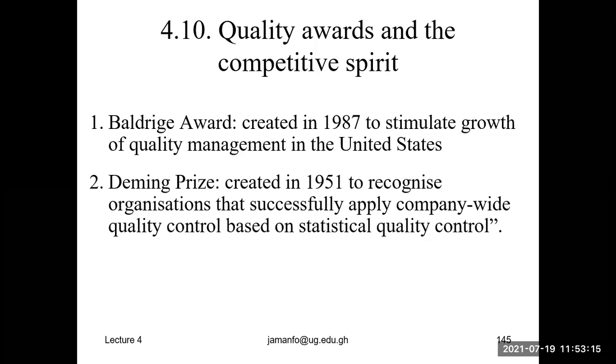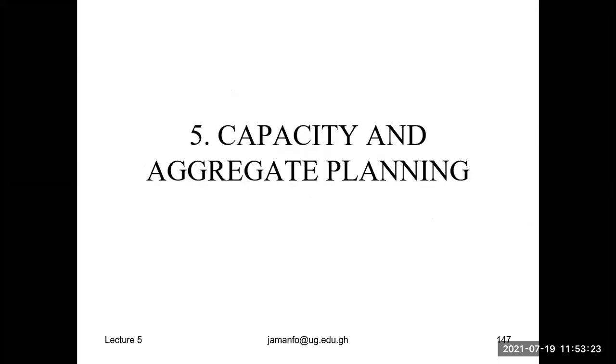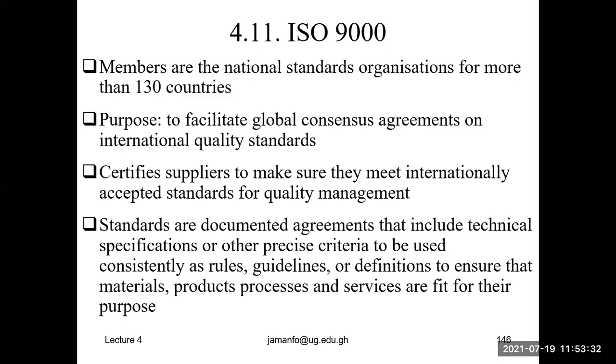Okay, so class will end the lecture here on slide 145. Read on ISO 9000, which is another type of quality. And then next week, we'll look at capacity and aggregate planning. We'll do a lot of calculation in there, okay? Read on this last slide for me. If we meet, some of you, I know your company has this ISO 9000 certification.